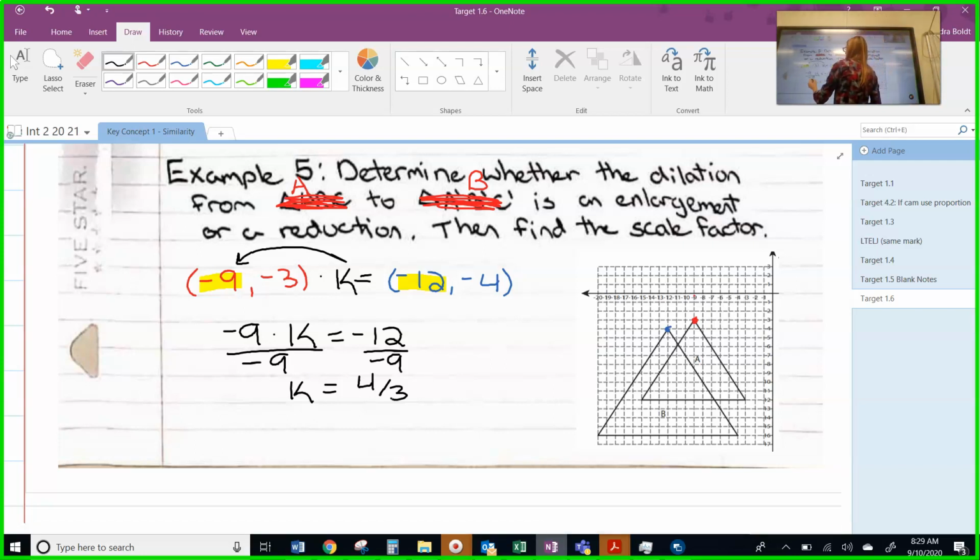So there is my scale factor. So again, is this an enlargement or a reduction? Well, from the picture, I can see from A to B that it's getting bigger. So it is an enlargement.